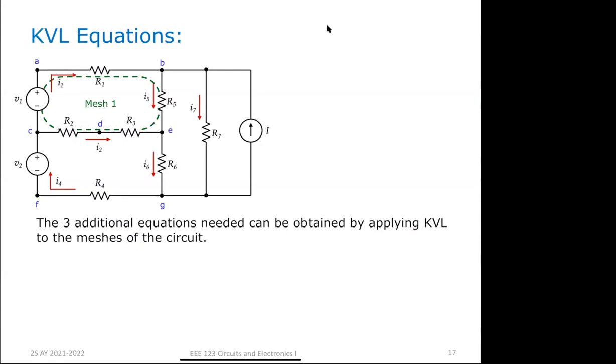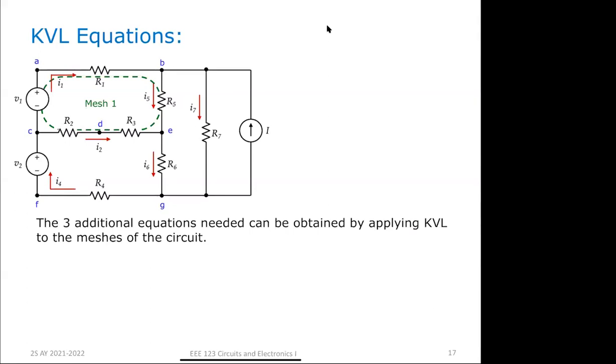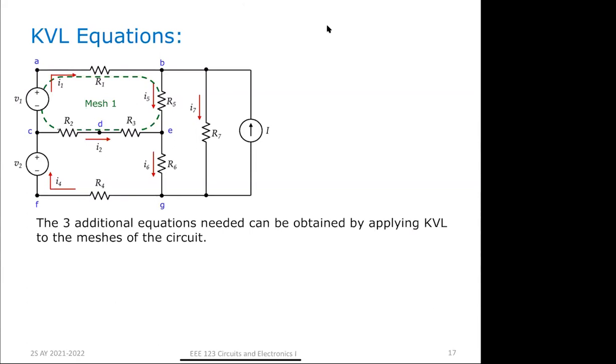Clockwise, sir, that would be V1 plus R1 plus R5 plus R3 plus R2 minus V1. R1, R5, R3, R2, all pluses since they are drops. Then minus V1, a rise.